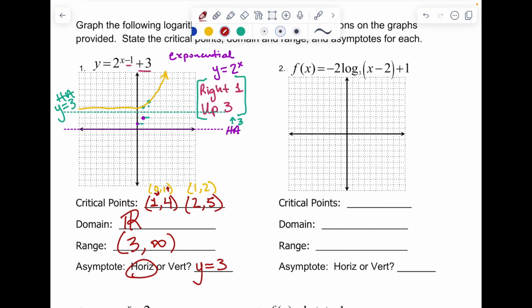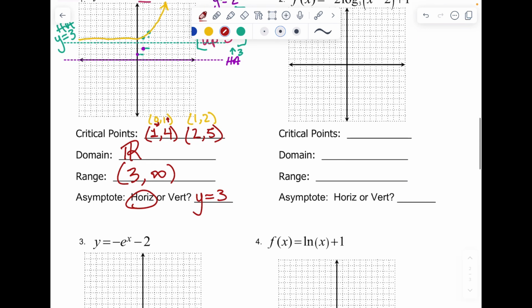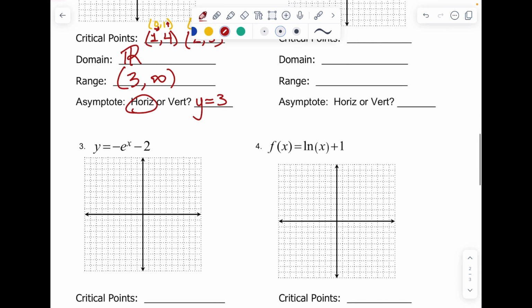I'm going to jump down to 4 now, just so we can see something that uses ln. Remember, ln just means log base e. And our critical points for this, all right, our parent, let's start with that.